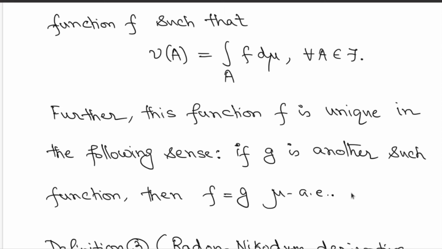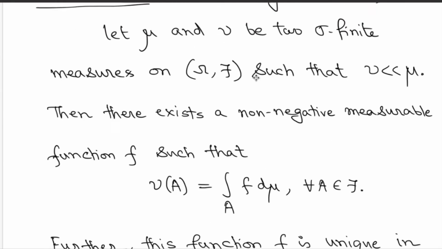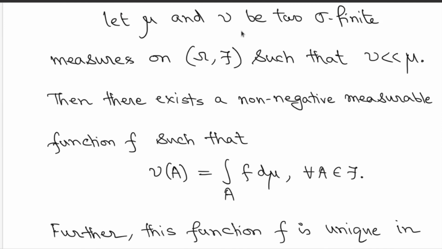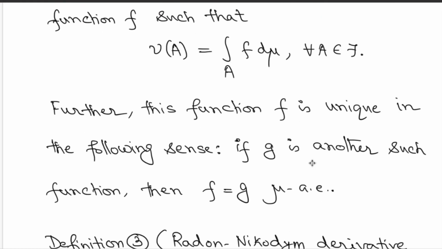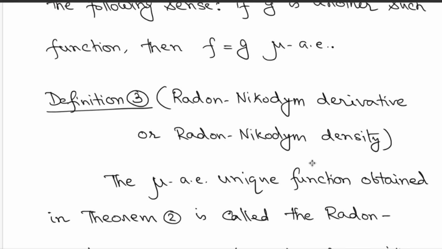So outside a mu null set, possibly these two functions may not agree, but overall almost everywhere these two functions match. That is the uniqueness of this function small f. So given these two measures, if the second measure is absolutely continuous with respect to the first one, you can write down such a structural property. That is the statement of this theorem.